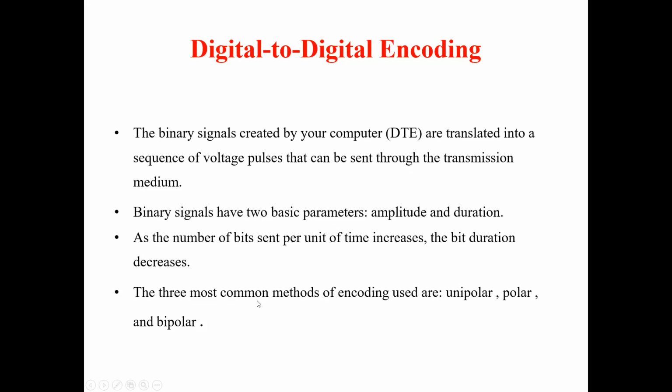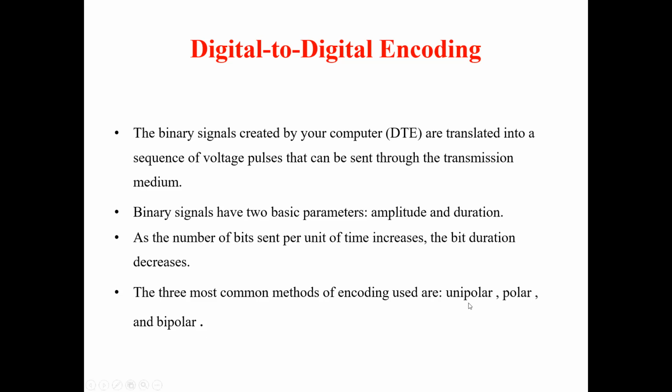The three most common methods of encoding used for digital to digital encoding are unipolar, polar, and bipolar. So we go from the 01 format to again the 01 format, but we are inserting some high voltage signals for the transmission.